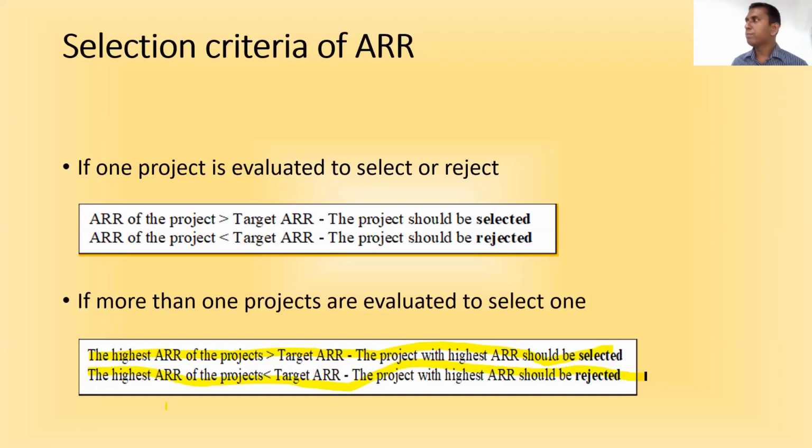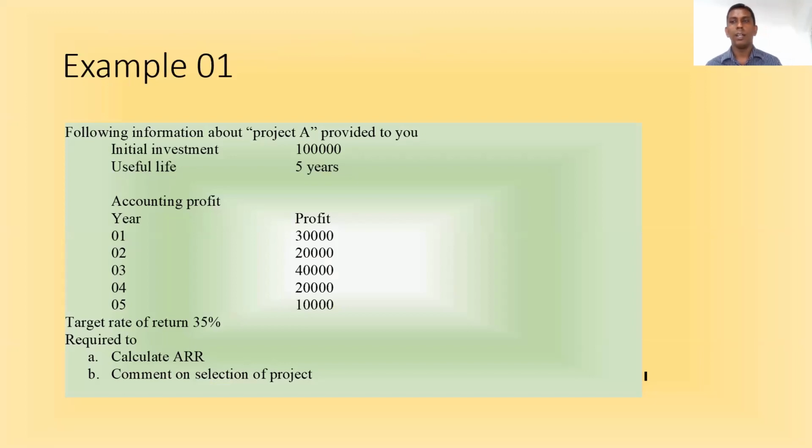Now we are going to look at how we can calculate this ARR. One important point I need to give you: unless your examination asks you to calculate ARR based on average investment, you had better calculate ARR based on initial investment. I will repeat it.